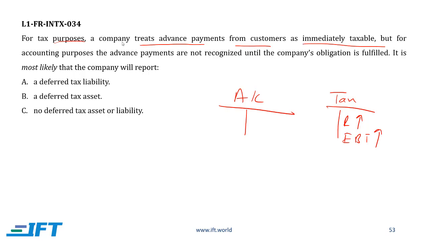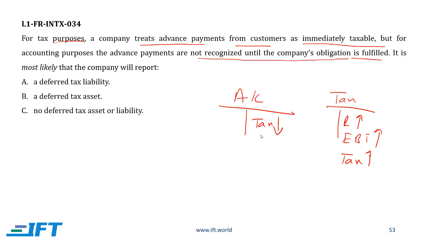So EBT goes up, your tax goes up. But for accounting purposes, the advance payments are not recognized until the company's obligation is fulfilled. So the taxes over here would be lower.